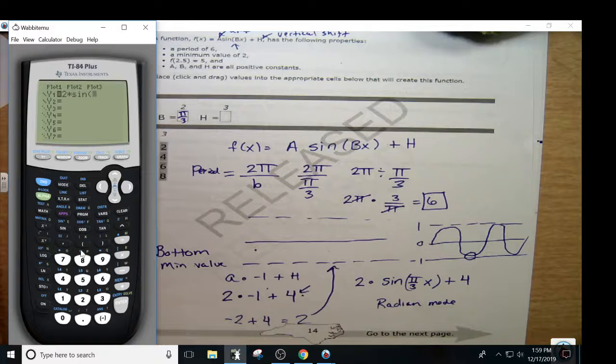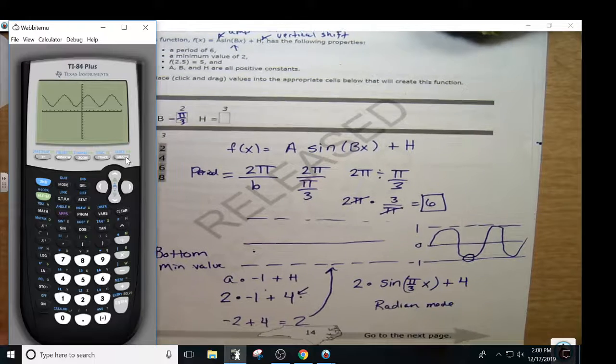Now pi over 3, what I'm going to do, guys, I'm going to make this a pretty fraction here. Alpha y equals numerator, denominator. Pi is a second function of the caret key. 3. Put my variable there, which is x, close parenthesis, plus 4. Now, all we can do here is try. I mean, it may be right or it may not. All right.